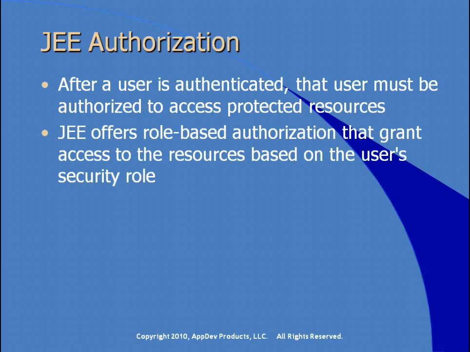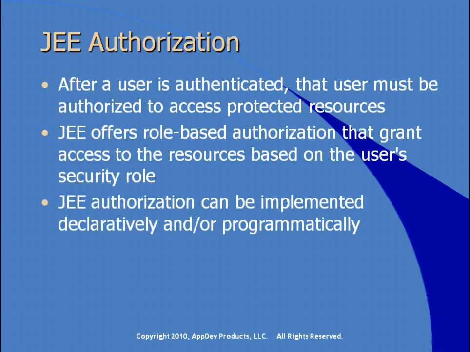JEE offers role-based authorization that grants access to resources based on the user's security role and security role membership. The authorization can be implemented either declaratively or programmatically, or a mixture of both.